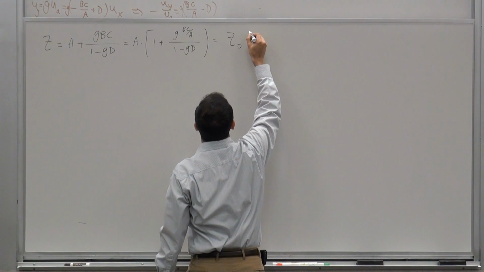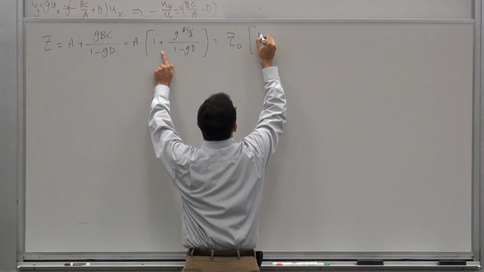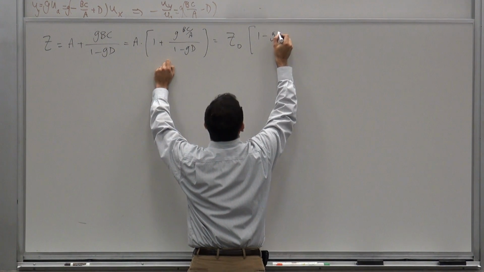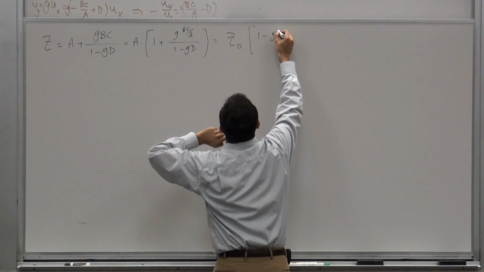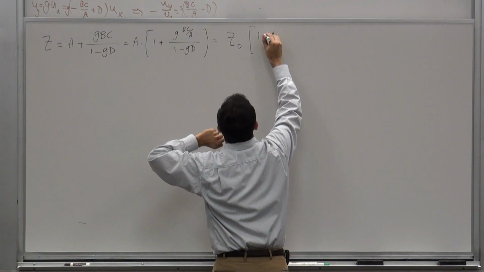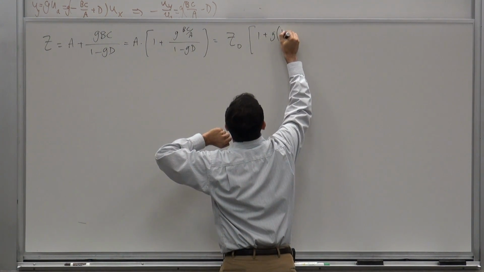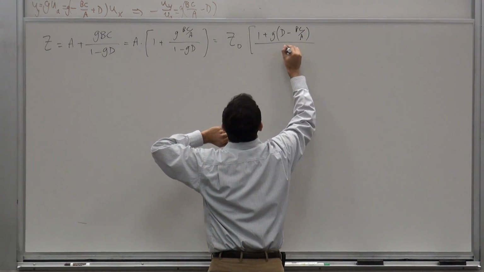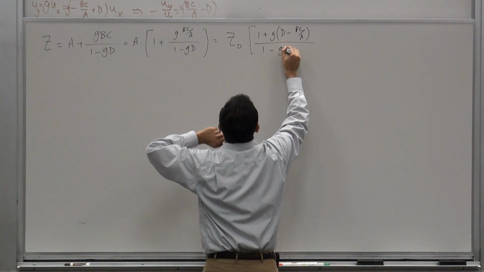So Z naught times, and I just take this, multiply it up, minus GD, or I can write it this way, plus G times D minus BC over A, divided by 1 minus GD.